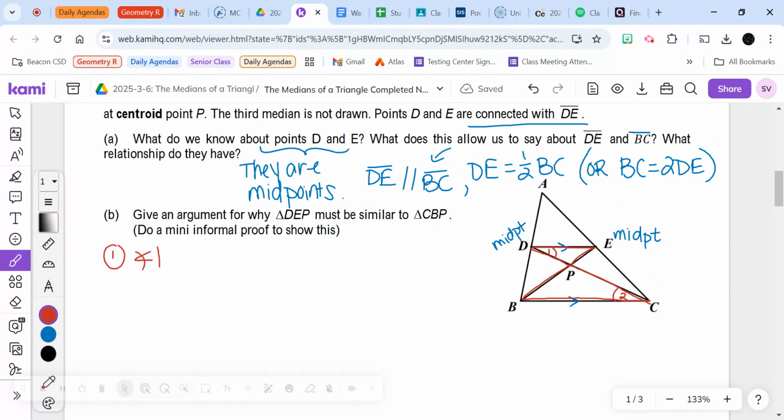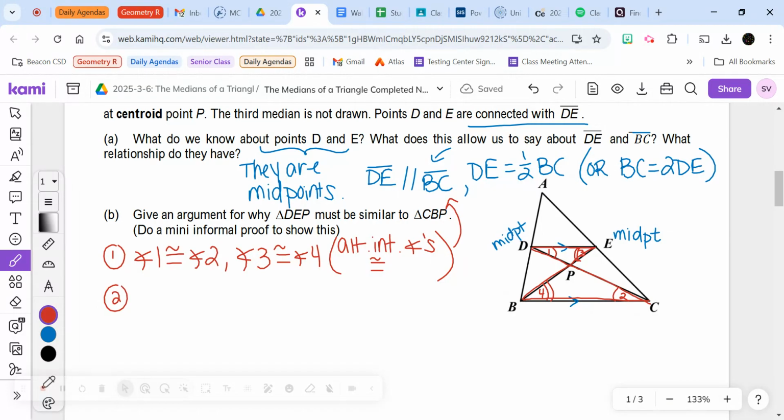So angle 1 is congruent to angle 2. And then I'll use the other pair, 3 and 4. So angle 3 is congruent to angle 4. They are both alternate interior angle pairs and they are congruent. We were given from what we wrote in part A that DE is parallel to BC. So that's why we're able to say it.